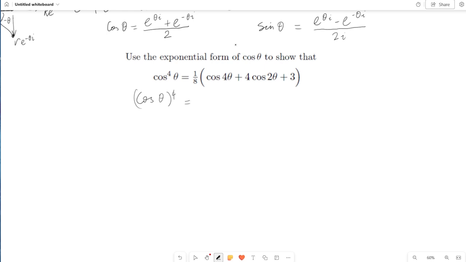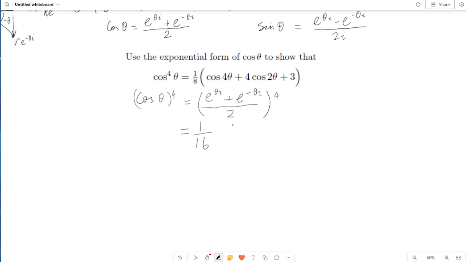So we can just do this, to the power of 4. And of course, we can take the 2 out. So we end up with half to the power of 4, which is 1/16.